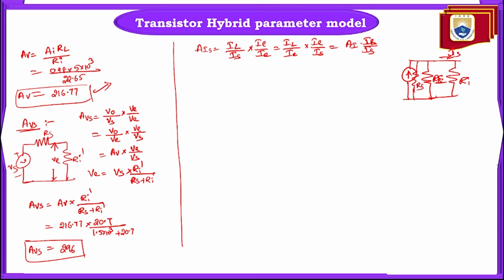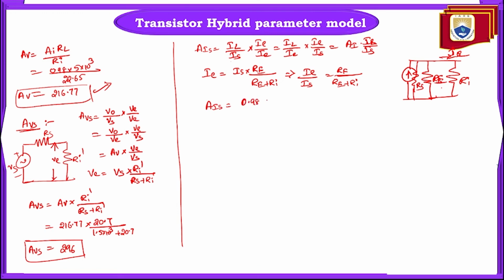Here I want to calculate this IE, which is the current flowing through Ra. According to the current divider principle, the current through the resistance Ra is the input current into the opposite resistance. What is the opposite resistance? Re divided by Re plus Ri. So from this, IE by IS is equal to Re divided by Re plus Ri.